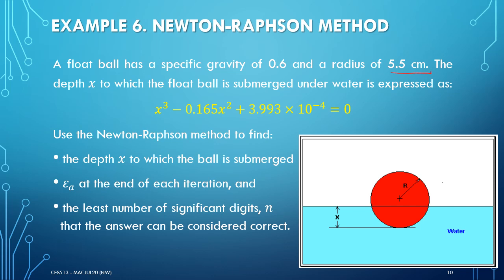The depth x to which the float ball is submerged underwater is expressed using this equation. By using the Newton-Raphson method, we need to find the depth x to which the ball is submerged, then the approximate error at the end of each iteration, and the least number of significant digits that the answer can be considered correct.